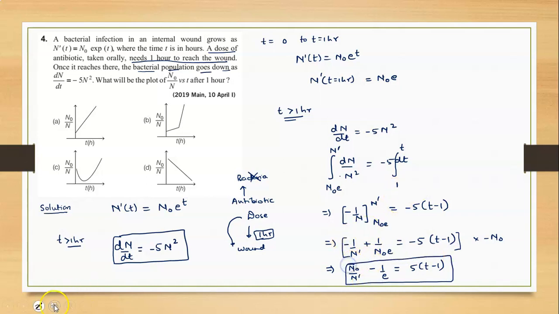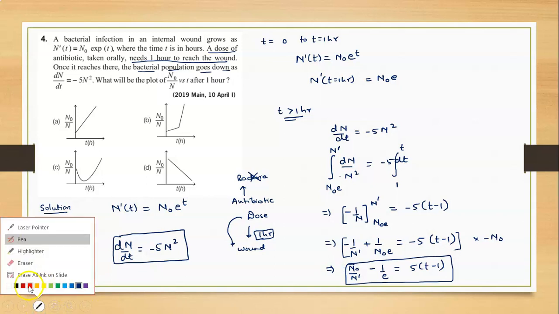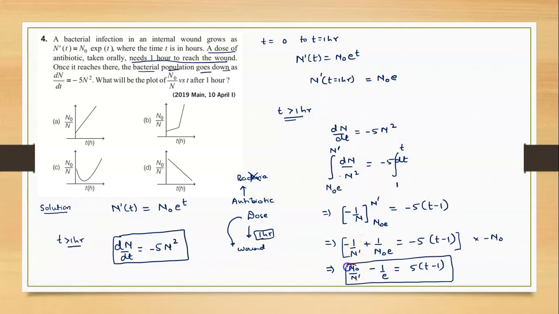If you analyze this expression very carefully, this is y, what we are plotting on the y-axis, versus t. So y is equal to mx plus c, so it should be a straight line.